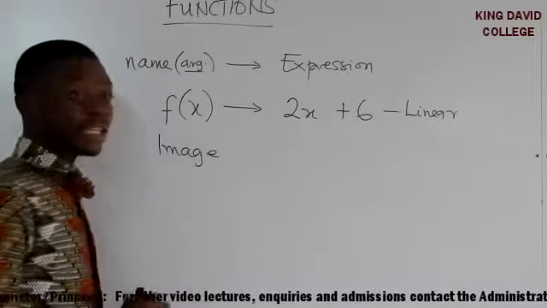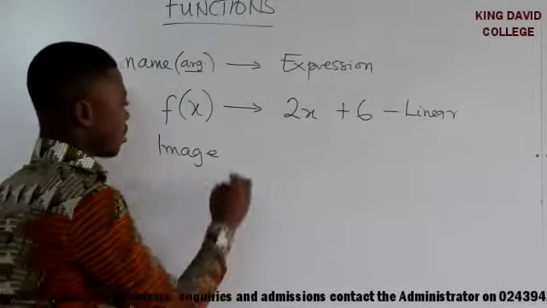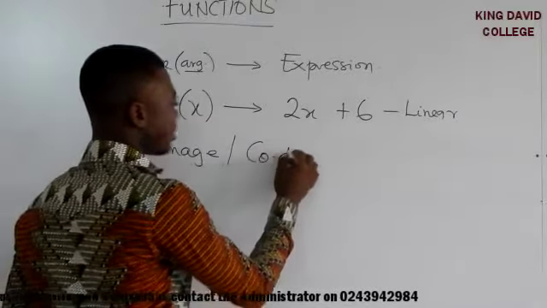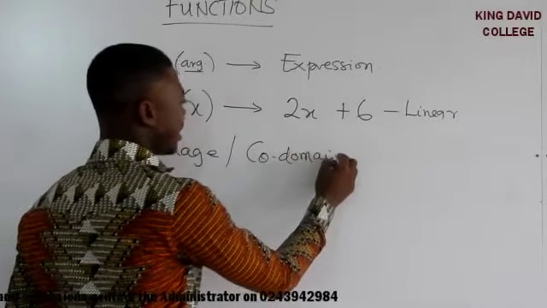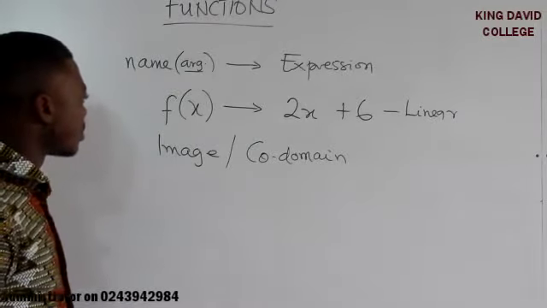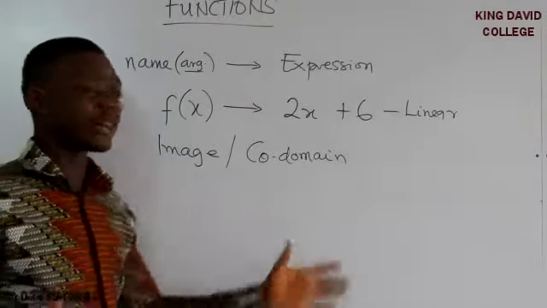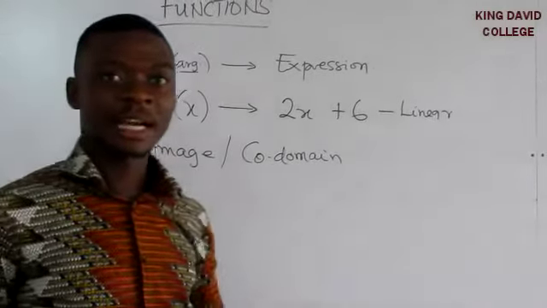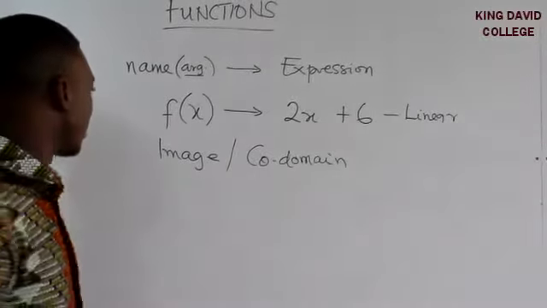You can hear the word image, or you can be asked to find the codomain, or you can be asked to find the result, anyhow you put it, of a specific input under the function.